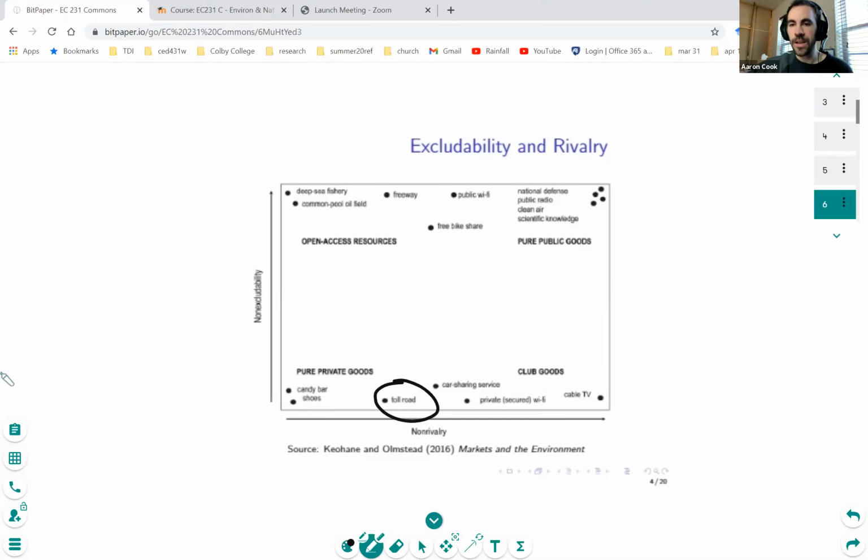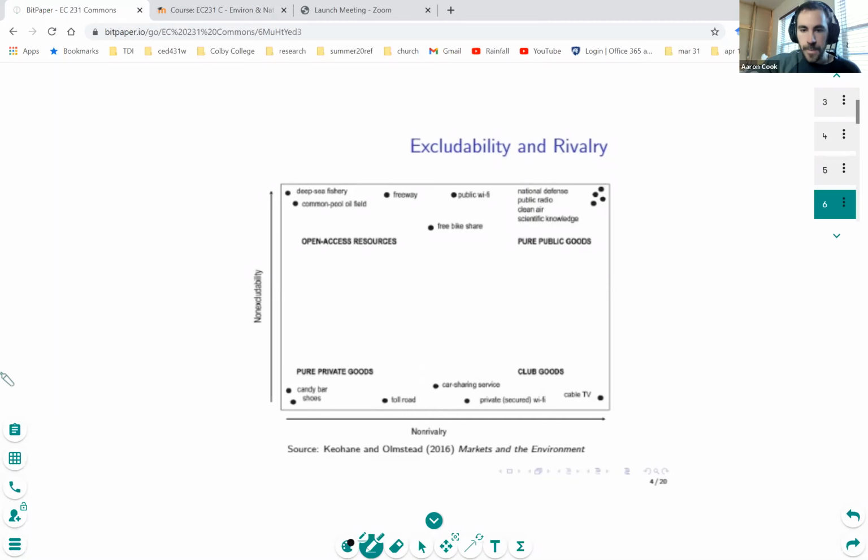So this is located in the middle of the rivalry axis because of the possibility of traffic congestion. It's not complete rivalry, but you are diminishing the quality of the road a little bit for other people by contributing a little more to the congestion.